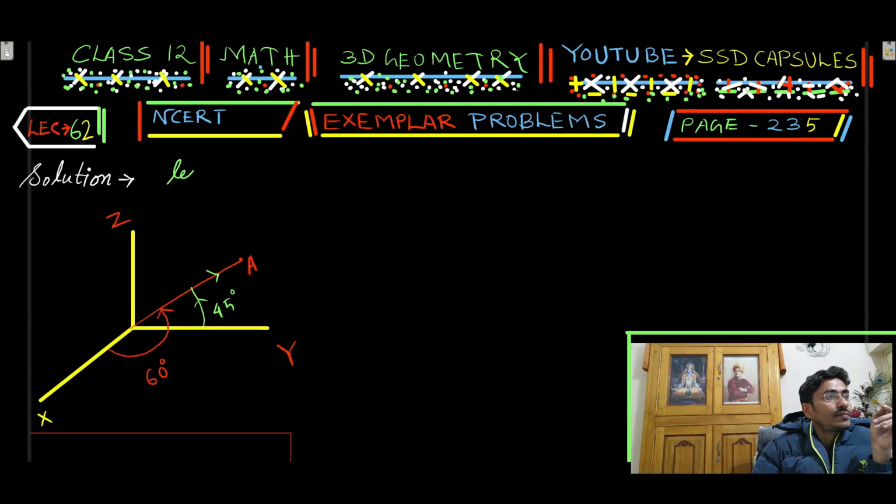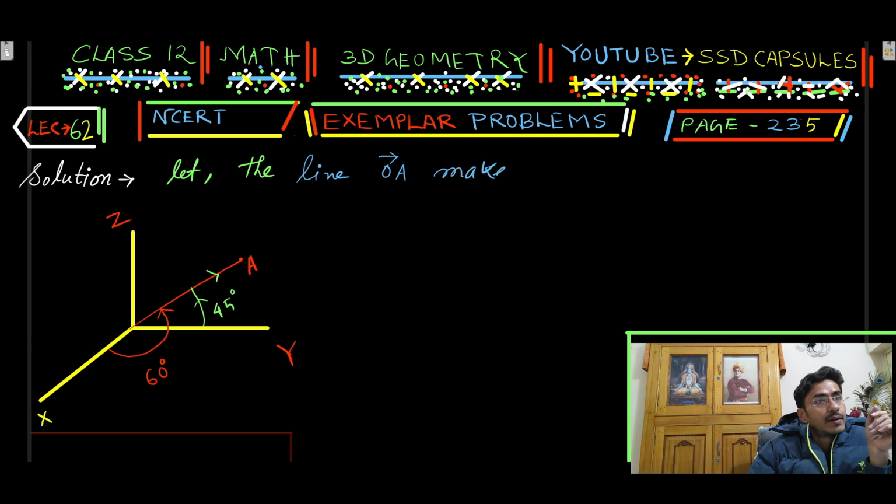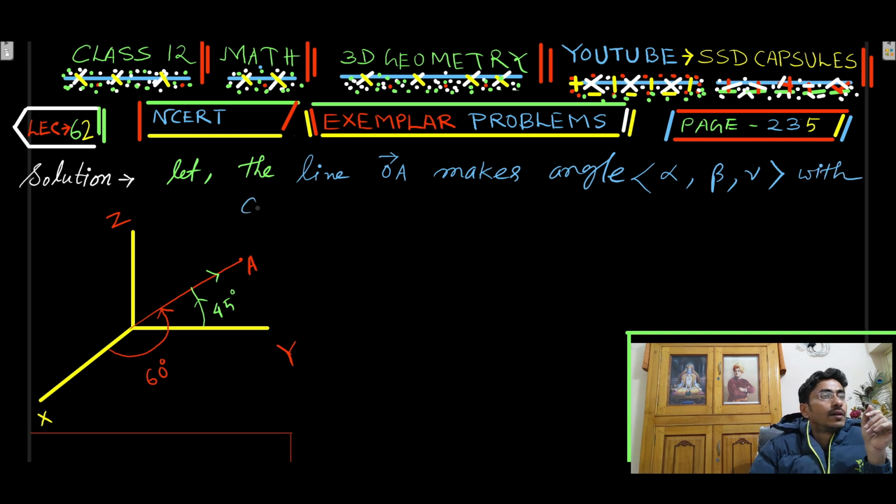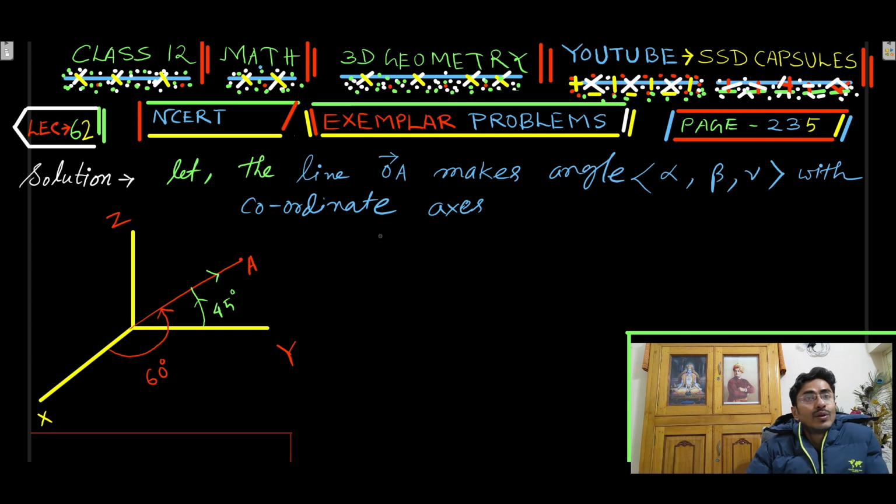Okay, let the line, the vector, make angle alpha, beta, gamma with the coordinate axes. So alpha equal to 60 degree and beta equal to 45 degree.